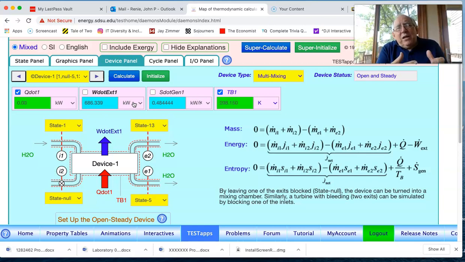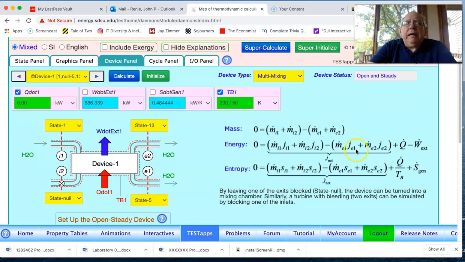Things get a little complicated because we have to maintain the mass balance. And so we would need to generate a new state that represents 1, but only part of the fluid. So we would have to generate a new state, maybe call it 11, which was 0.3, and another state, maybe call it 21, that was 0.7. So we could then have those coming in and going out, giving rise to power.